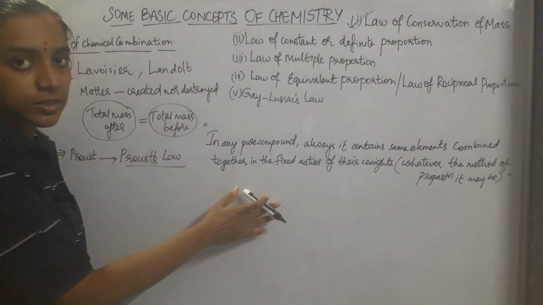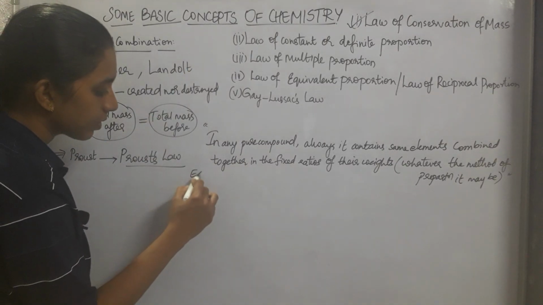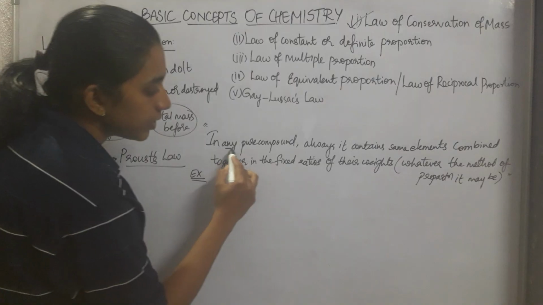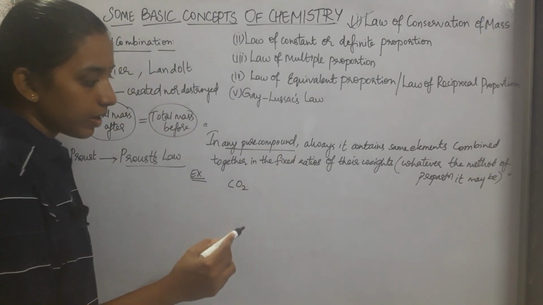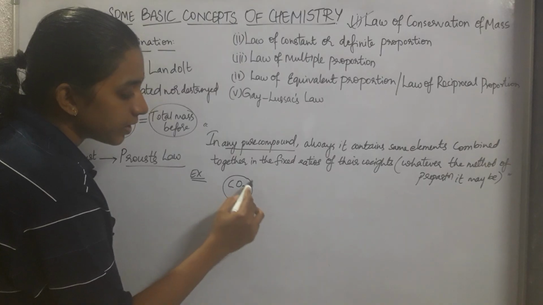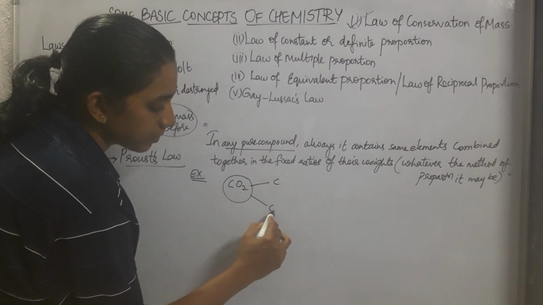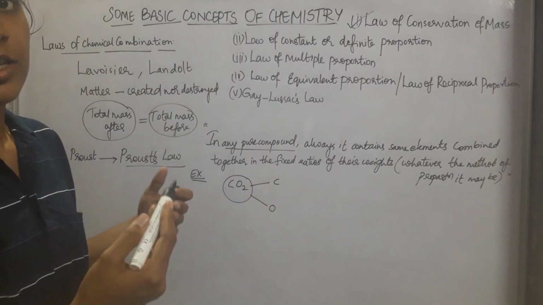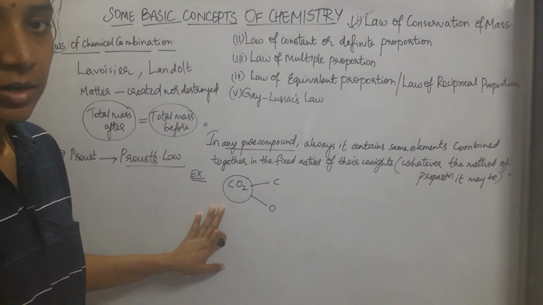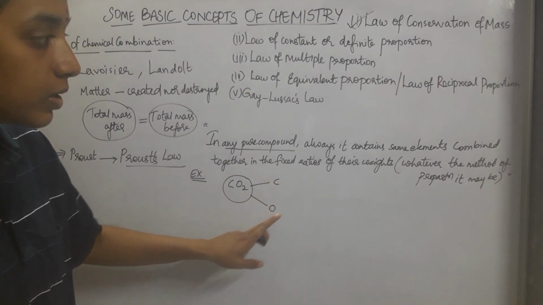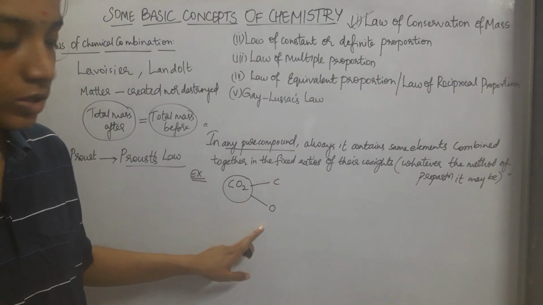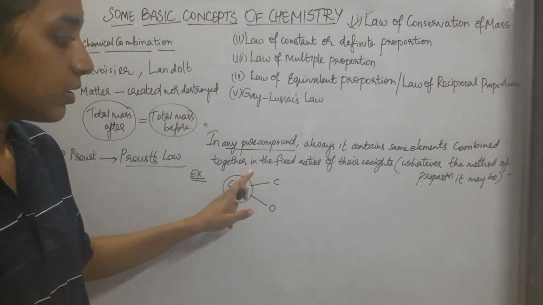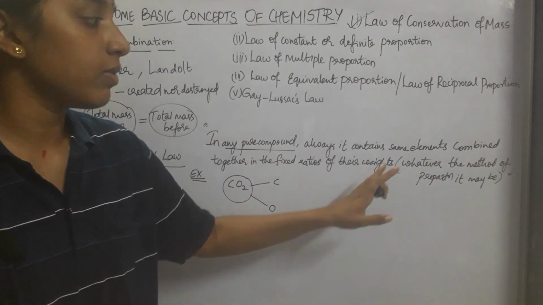So we will understand this statement through an example. They are asking us to take any pure compound. Let us take carbon dioxide. And what does it contain? Carbon and oxygen. So in any sample of carbon dioxide, only these two elements will be combined together, in fixed ratios of their weights.